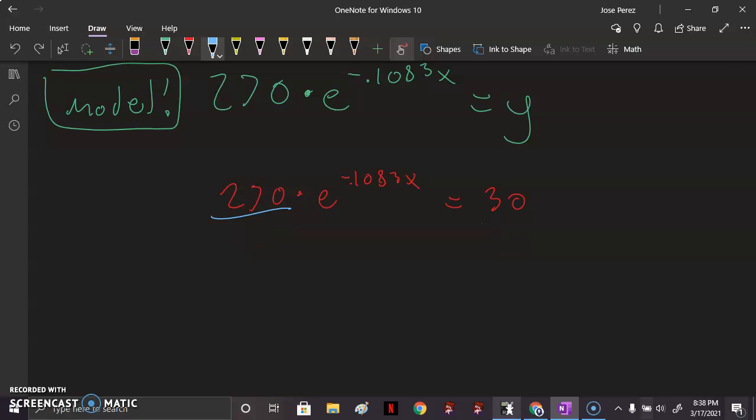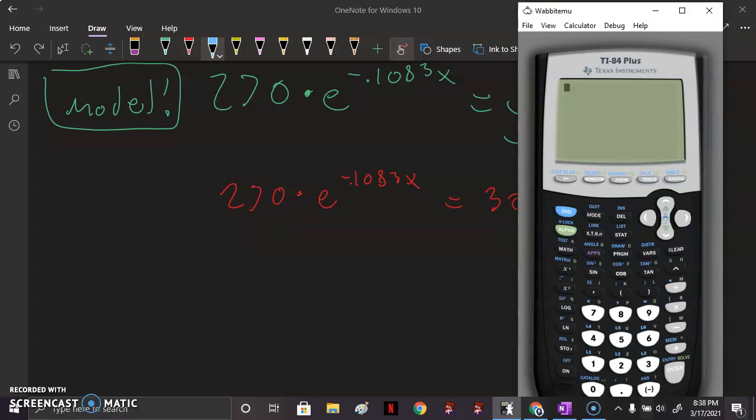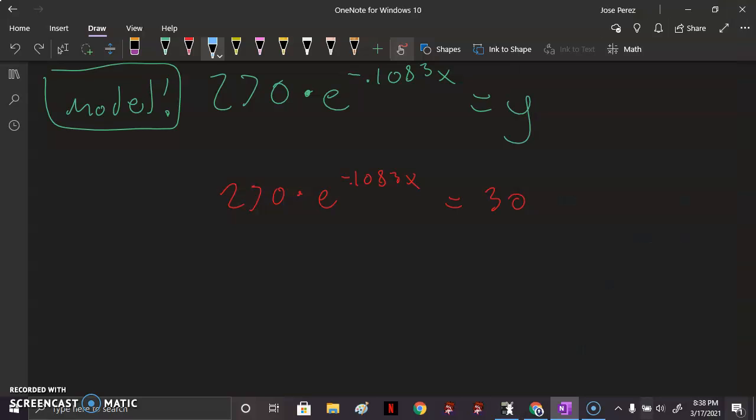And let's see if it looks pretty if we divide on both sides into a small decimal, but I really highly doubt that. We get 0.1111, and we're not going to do that. So we're going to have e to the negative 0.1083x is equal to 30 over 270.